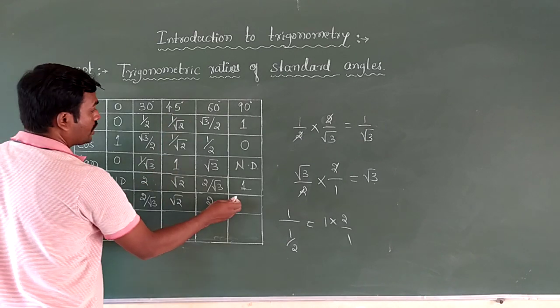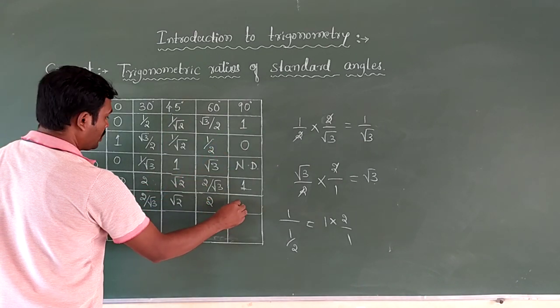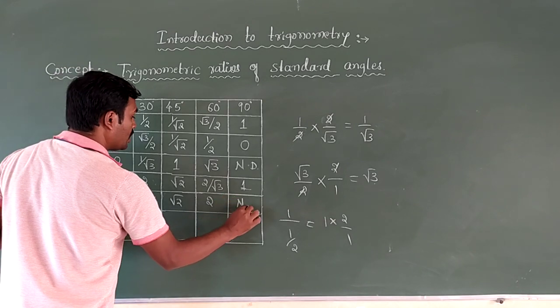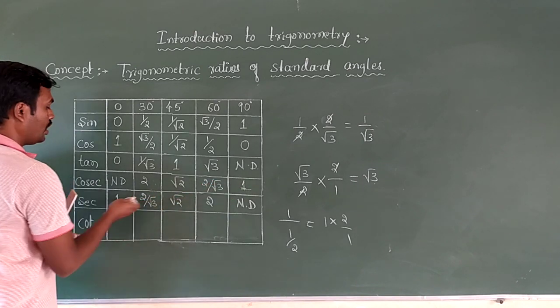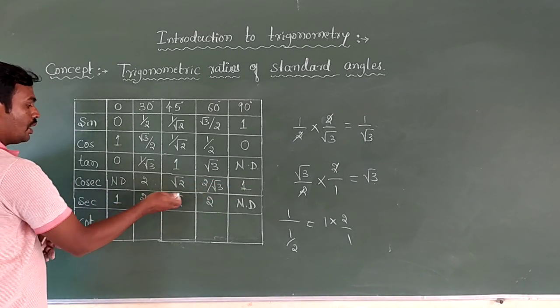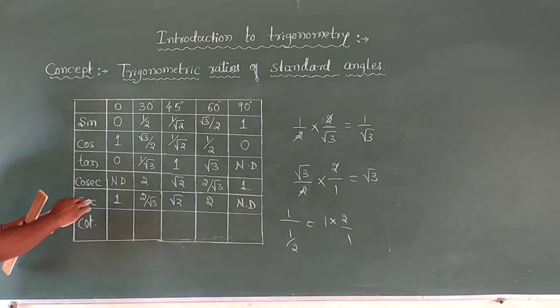Sec 90 is the reciprocal of 0, which is 1 by 0, not defined. So the reverse of this is sec: 1, 2 by root 3, root 2, 2, not defined. Is that clear?